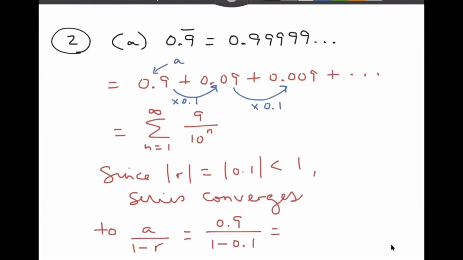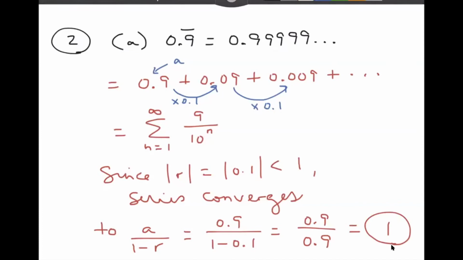Oh, wow, look at that. Are you surprised? 0.9 divided by 0.9 is equal to 1. Moral of the story, the repeating decimal 0.9 repeating is exactly equal to 1. And that's why it's likely that you've never seen this particular repeating decimal before, because we just always write it as 1.